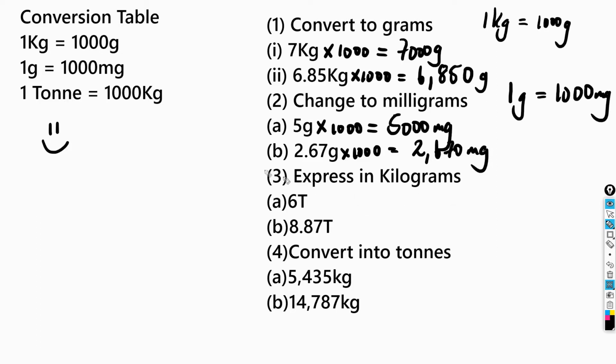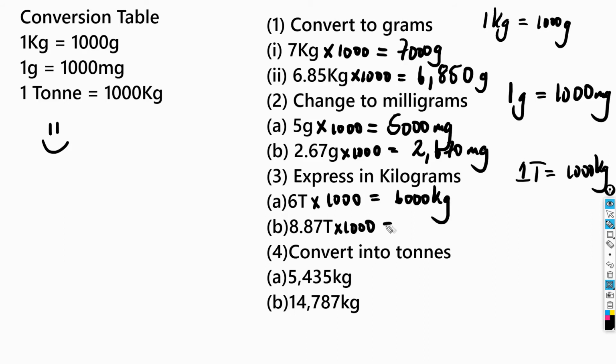We know that 1 ton is equal to 1,000 kilograms, so if we have 6 tons, we multiply by 1,000 and get 6,000 kilograms. Same thing for the 8.87 tons: we multiply by 1,000 and get 8,870 kilograms.